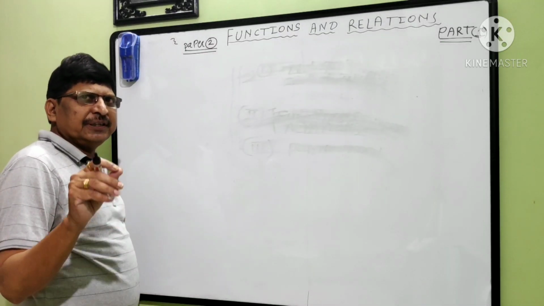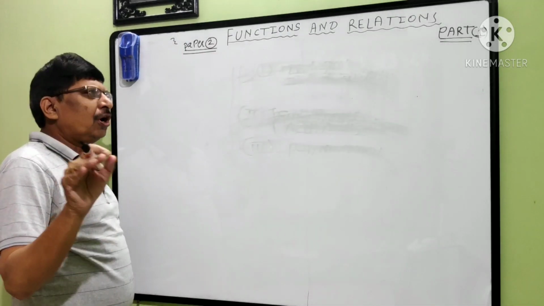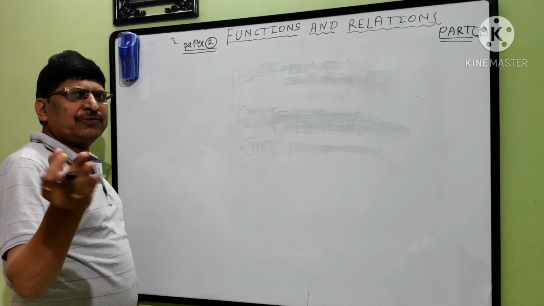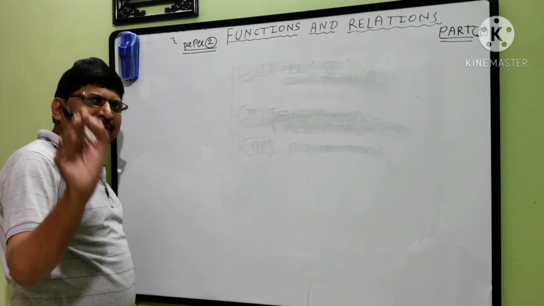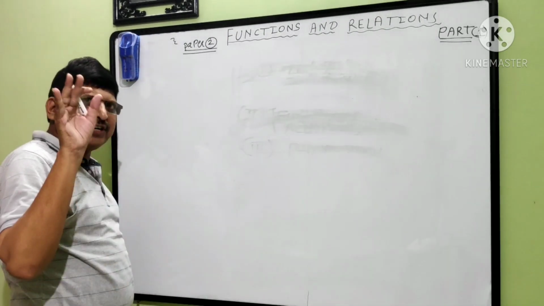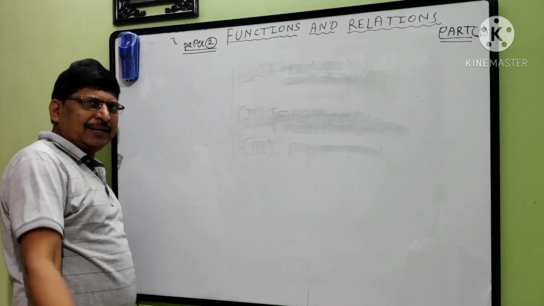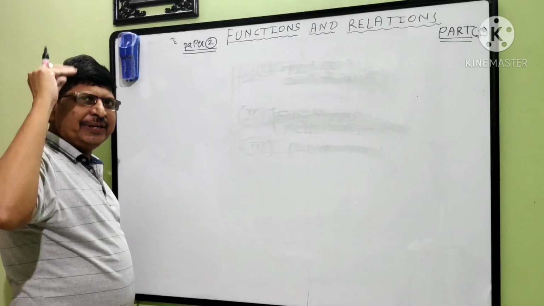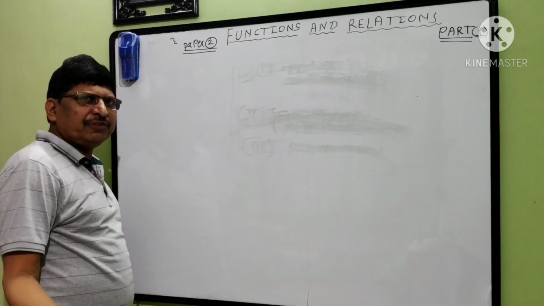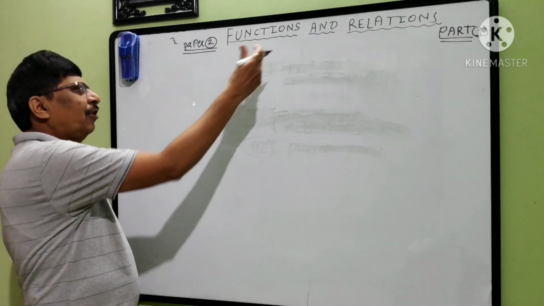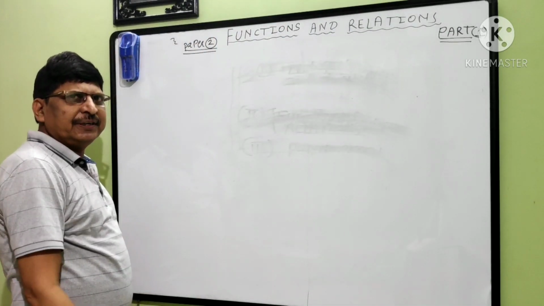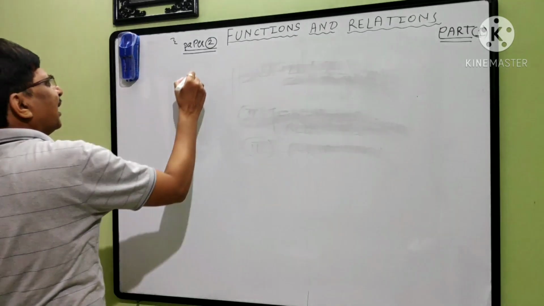Now see, this is pure maths. You have to study each and every concept carefully, then only we can solve sums or papers. Now first part is the Cartesian product.